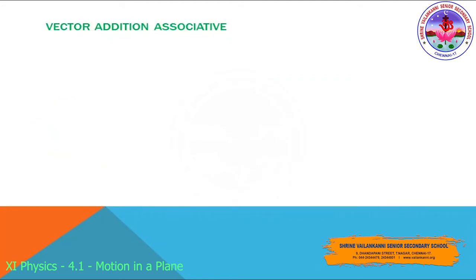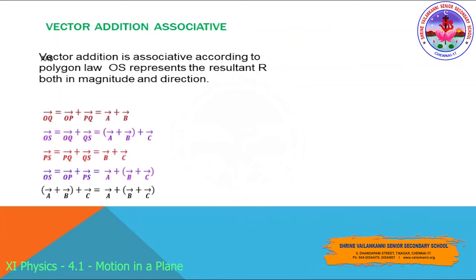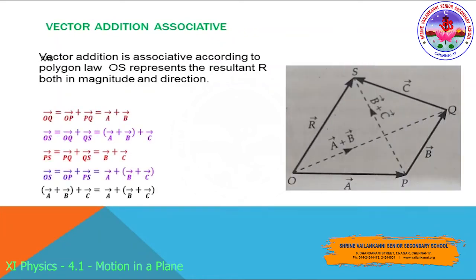Now the next one: vector addition is associative. Yes, this we will also prove. Suppose according to the polygon law, OS represents the resultant R in both magnitude and direction. The three vectors A, B and C are represented by the sides of what?